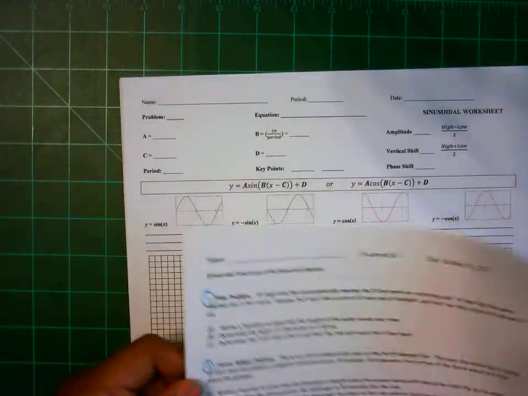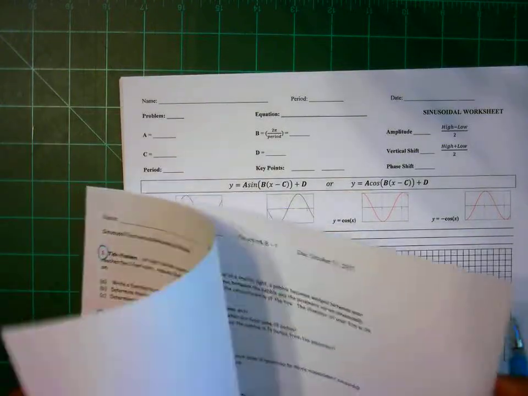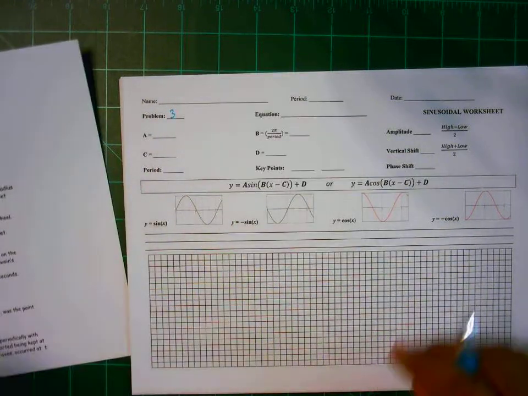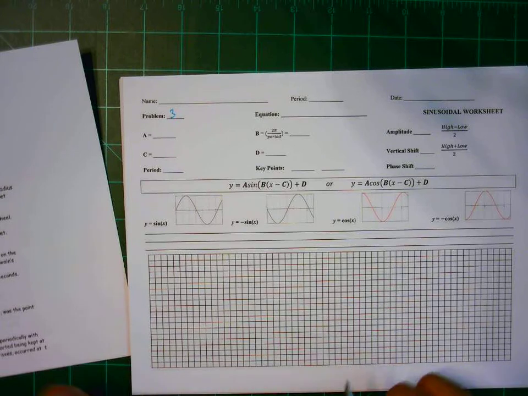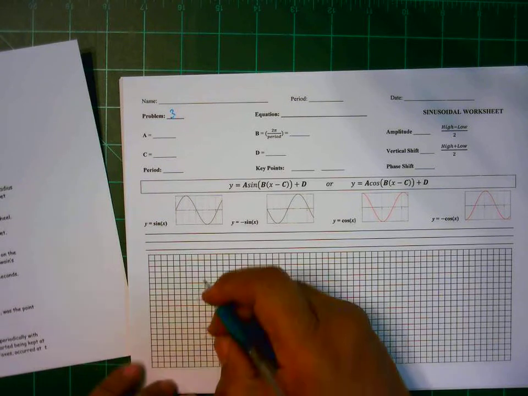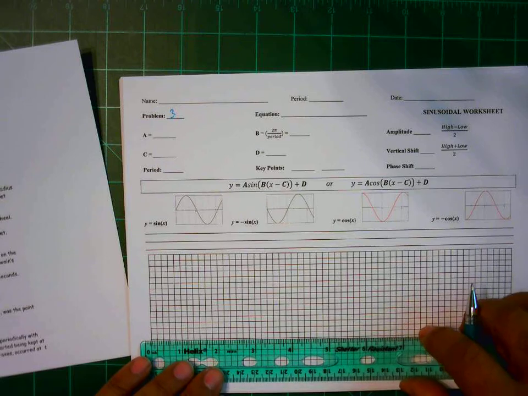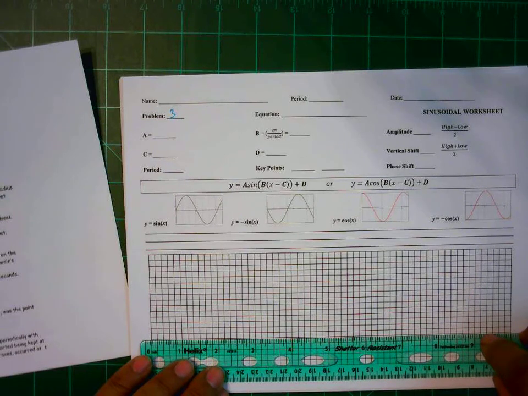So let's sketch this one. This is problem number 3. And we're told that the high point was 16 feet above the water surface. Since the diameter is 18, we're going to be below the water for part of this, so I'm going to move my x-axis up a little bit.